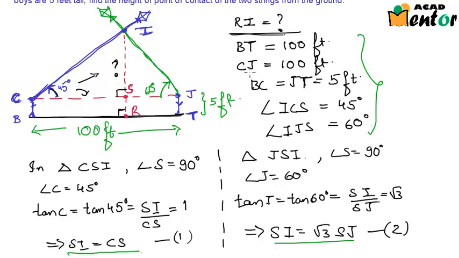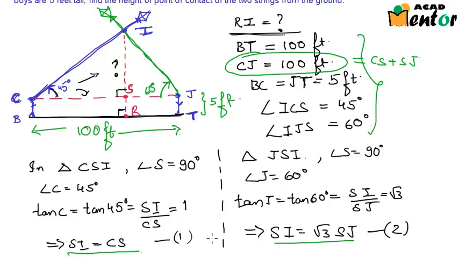Here, we see that CJ is equal to 100 feet. And we also know that CJ is this distance, which can also be written as CS plus SJ. So we have a relationship which says CS plus SJ is equal to 100 feet.